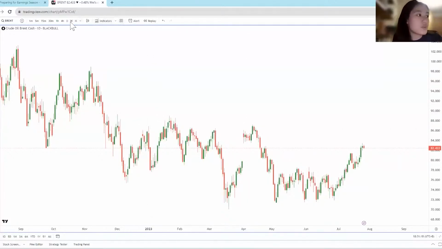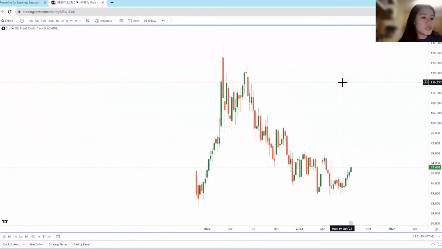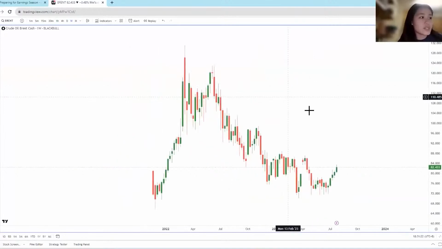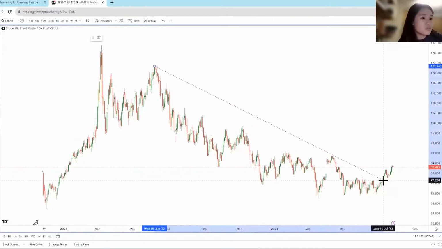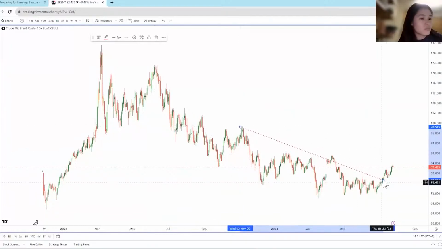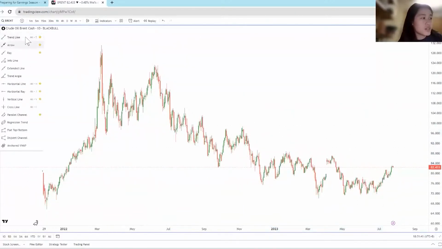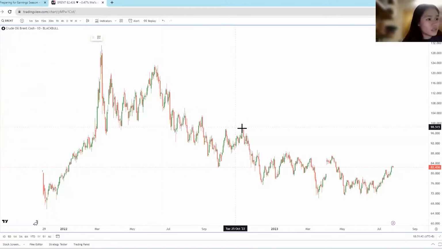So as per usual, we want to look at the higher time frames first, just so we get an idea of where prices are headed. So the general direction is pretty bearish on a weekly time frame, and on our daily time frame as well. Let me see if we have a trend channel.